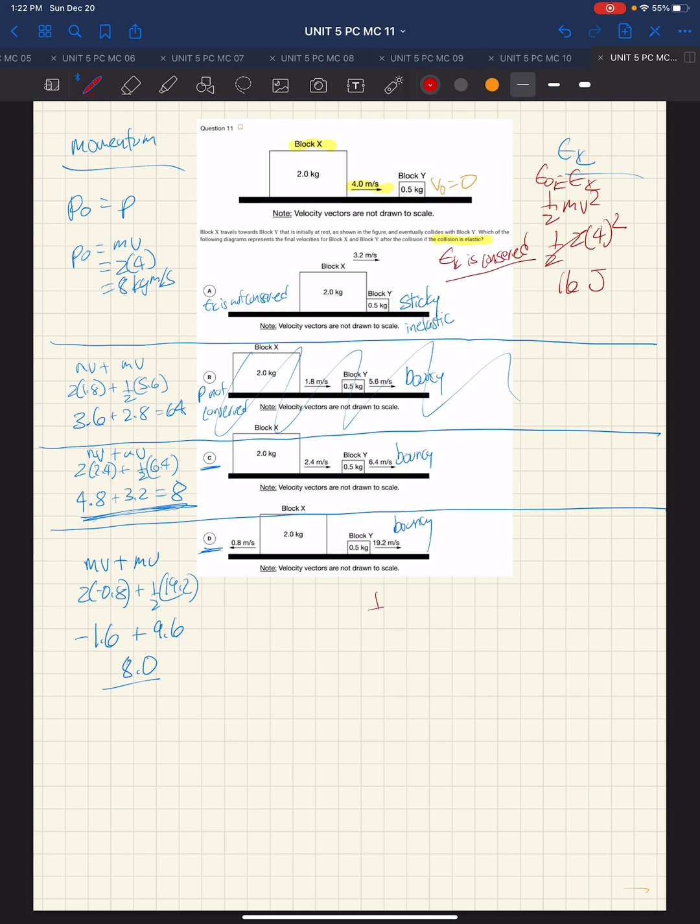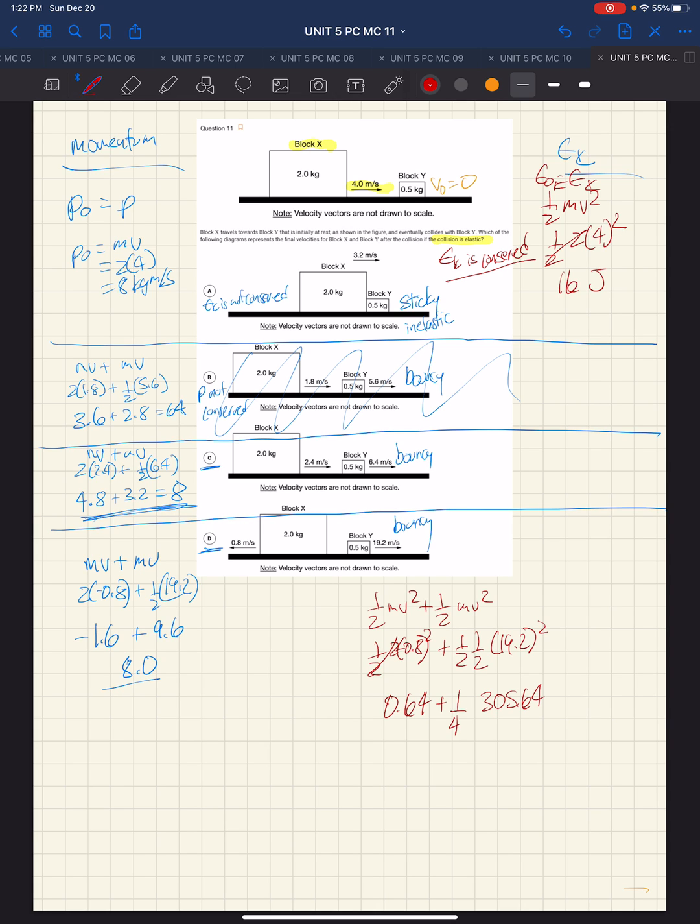Then we have 1/2 mv squared plus 1/2 mv squared. 1/2 of m in this case is 2 times negative 0.8 squared, plus 1/2 of 1/2 times 19.2 squared. Well, these cancel, and we're left with 0.64 joules plus 1/4 of 19.2 squared, which is 305.64.